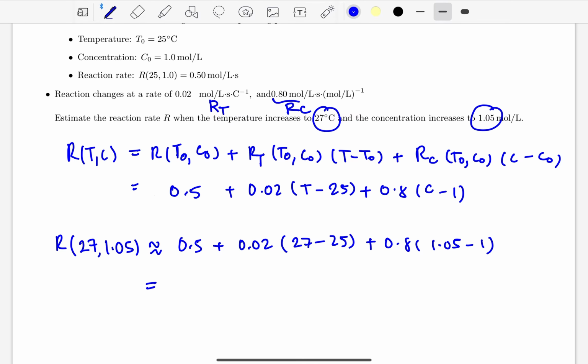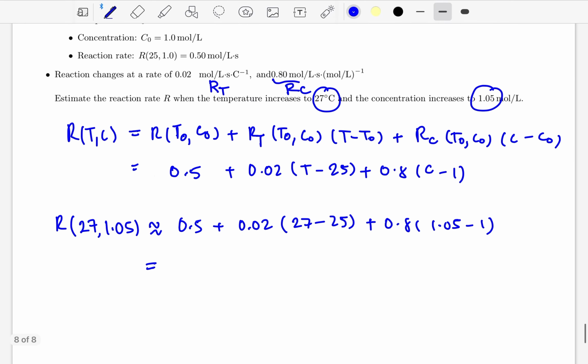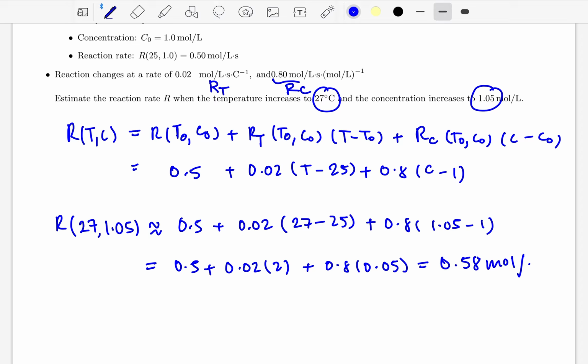So this is equal to 0.5 plus 0.02 times 2 plus 0.8 times 0.05. You put everything in your calculator and you get that this is 0.58. You need some units. I got moles per liter seconds.